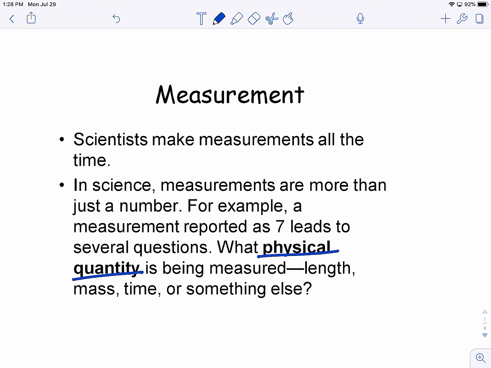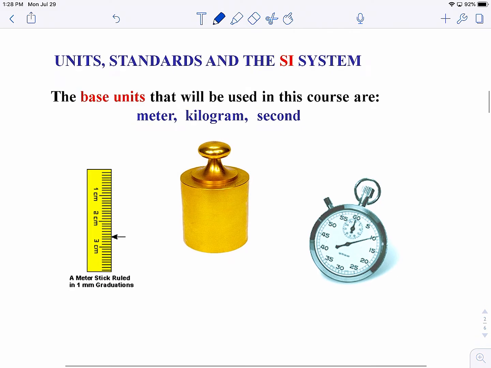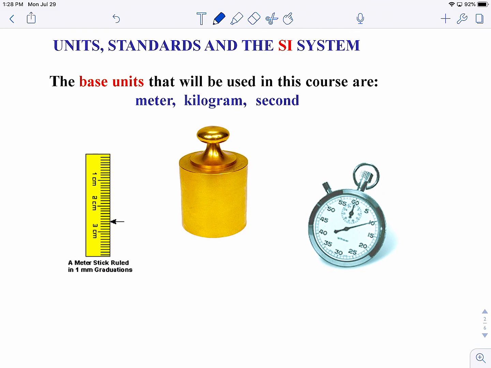So with physics, we're going to measure length a lot, mass and time, and then whatever else we're studying at that moment. So here, everything is based off of the SI system, the metric system. In this case, our three big base units for this course will be the meter, and we know that the physical quantity is length, the unit is meter.